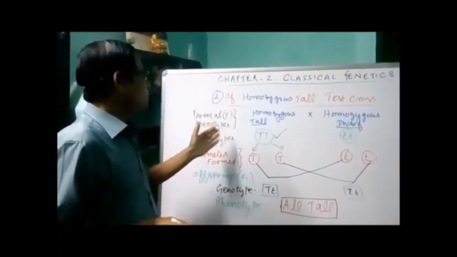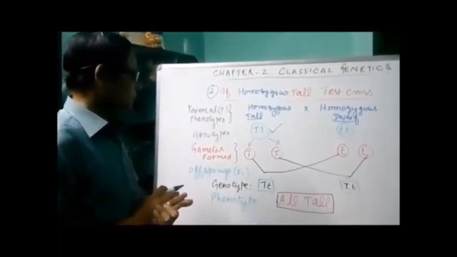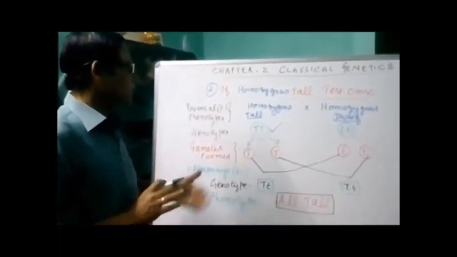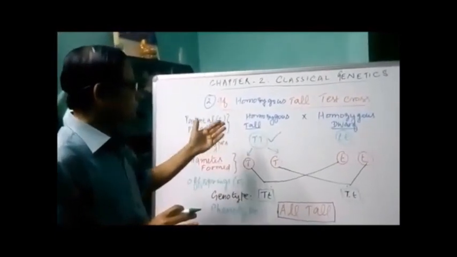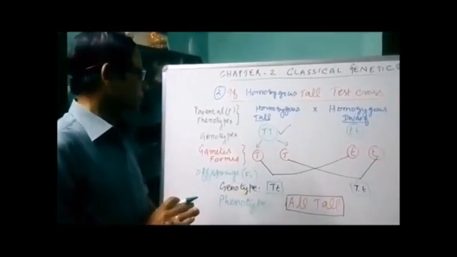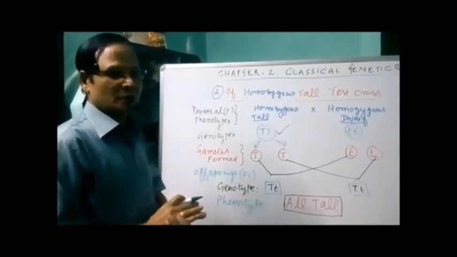Now, in the case of the homozygous tall test cross, we are taking the tall parent homozygous, a true breeding one. We are not taking heterozygous. So we are crossing a homozygous tall with a homozygous recessive, that is, a dwarf parent. Here it is more or less similar to the monohybrid cross.